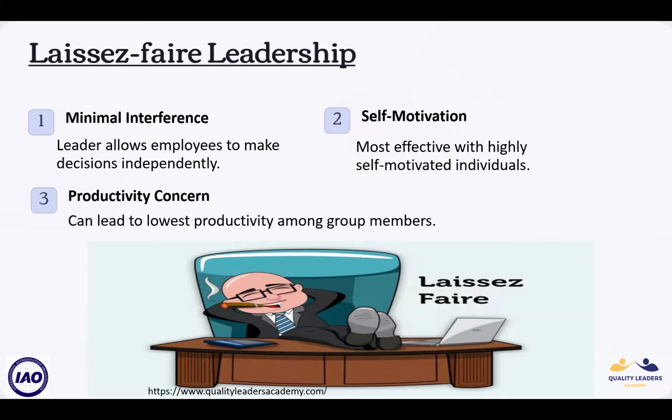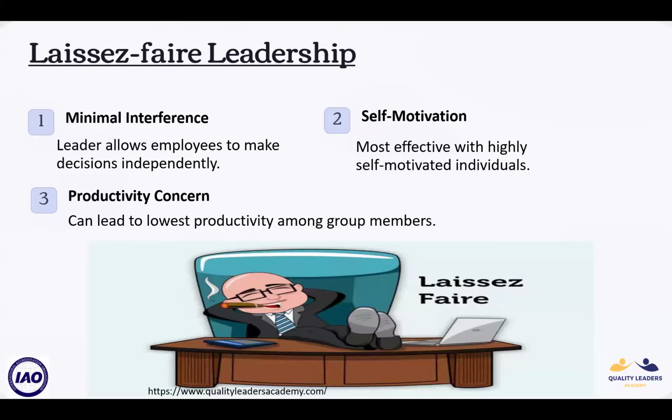Here the leader takes a step back and lets the team members make most of the decisions independently. There is very little guidance or control from the leader. In a way, he'll provide the resources if needed, but doesn't interfere much in the day-to-day decisions of the team. It's a sort of empowering the team members who are capable and confident.